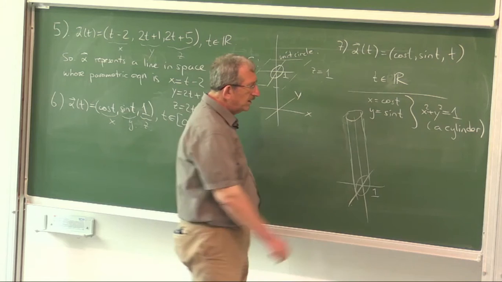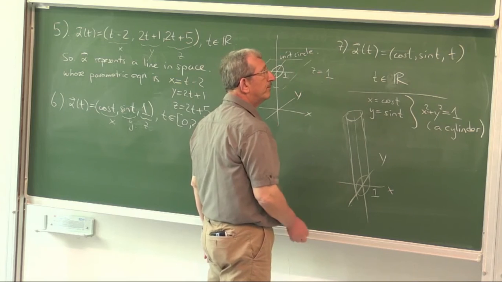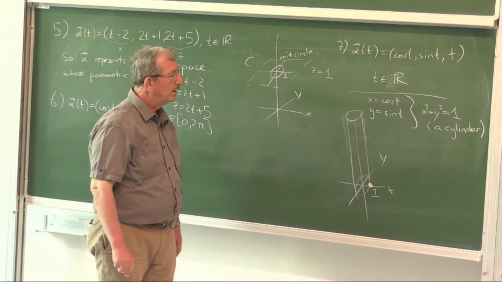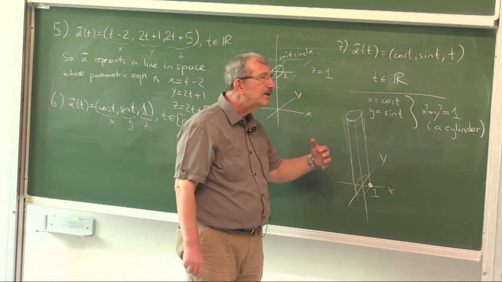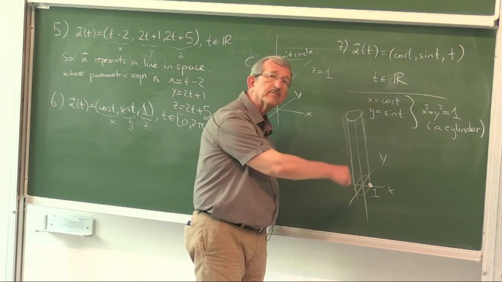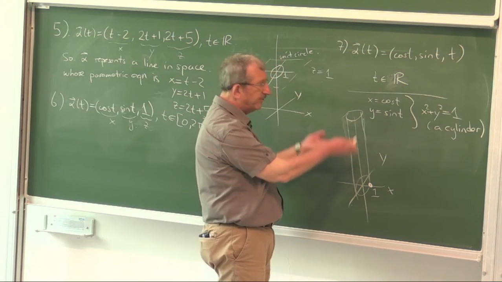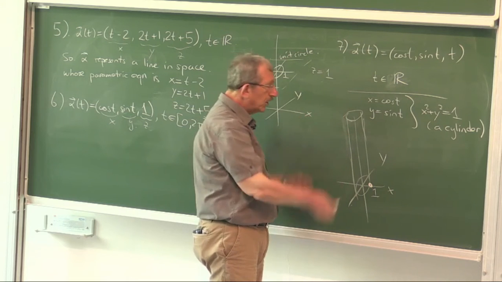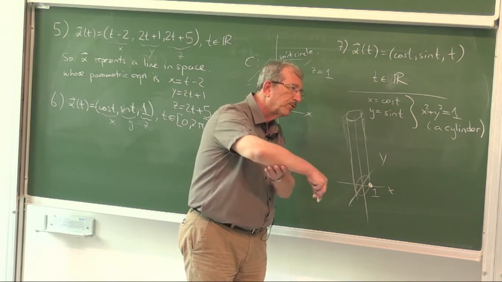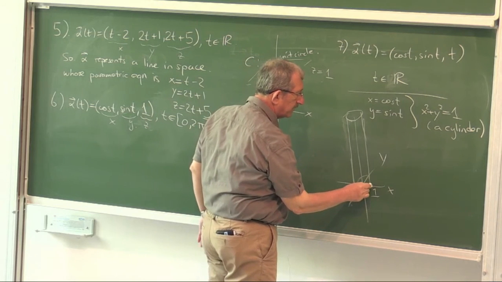However, let us start with this xy plane. When t is 0, we are at the point 1, 0, 0. Now, when t increases, as in the two-dimensional case, our point goes around the cylinder, that is, around a circle. But at the same time, t increases. So the point goes around and around, but at the same time, you push it up. So we would have something as follows.